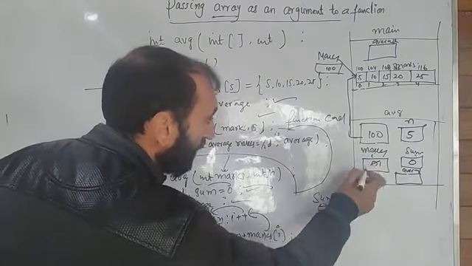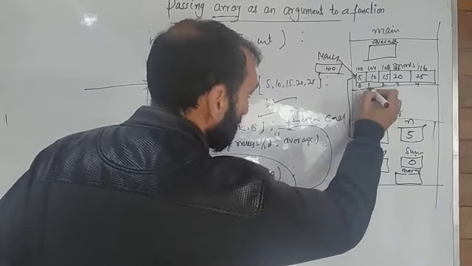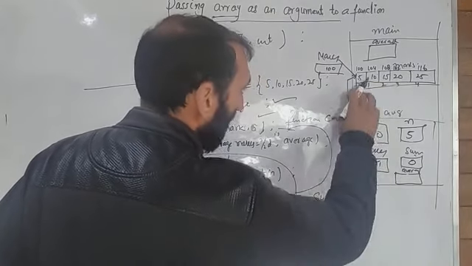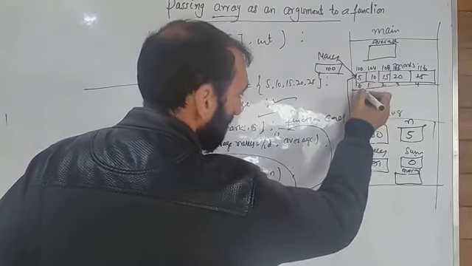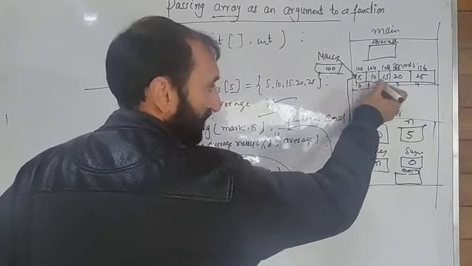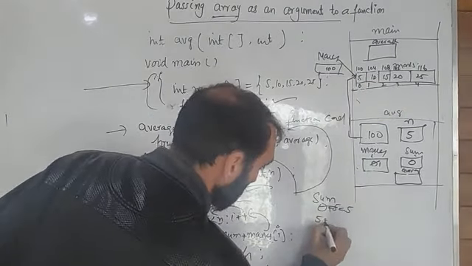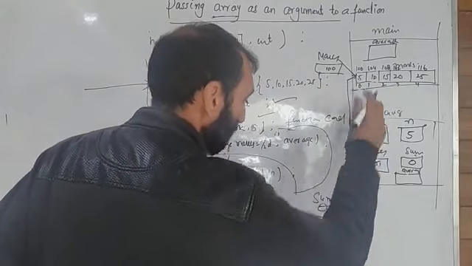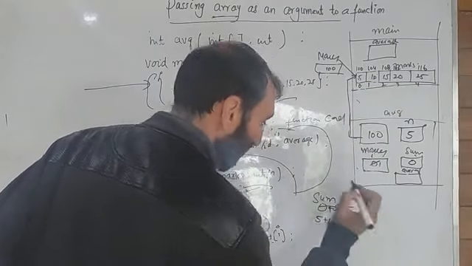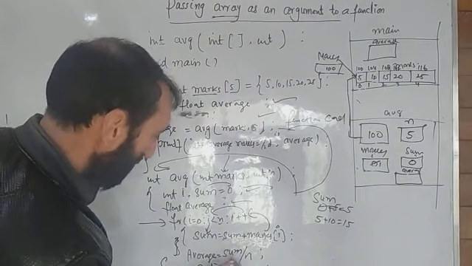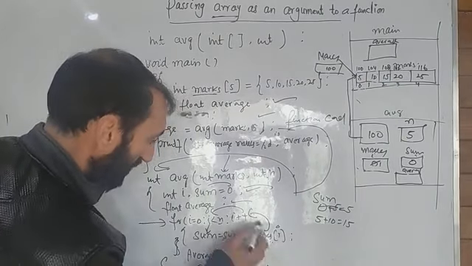What is i? i is 1. That means the pointer points to this location, the 1st location of marks. This is the 0th location, this is the 1st location. That is 10. So 5 plus 10 equal to 15.